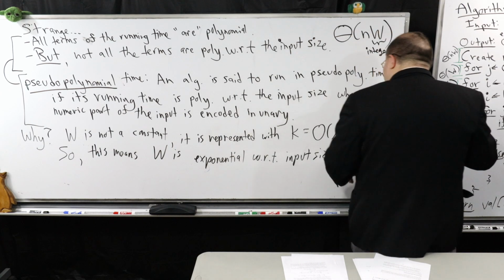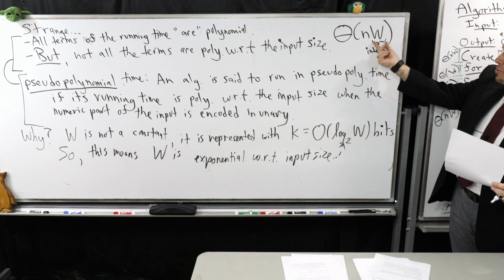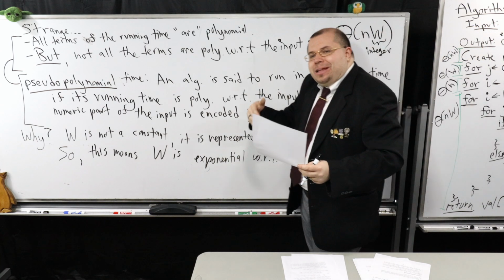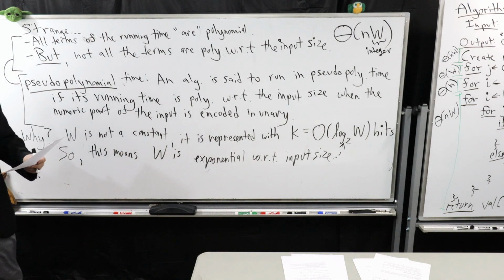Because of this fact, you could easily replace this capital W with 2 to the power of k. So even though it looks like a polynomial, you can actually rewrite it as an exponential time algorithm.